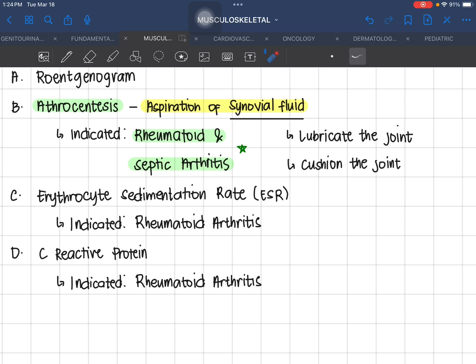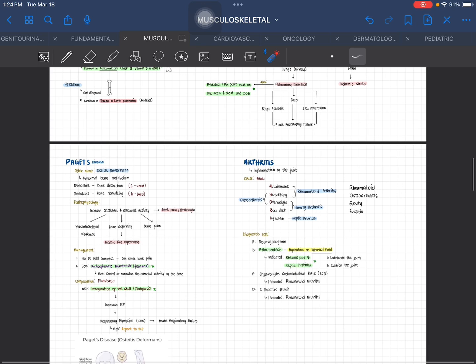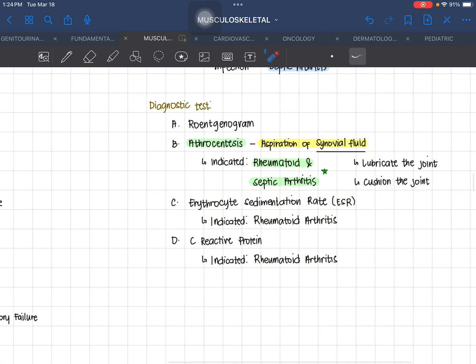Next is ESR o erythrocyte sedimentation rate. It is indicated for rheumatoid arthritis again. And lastly, C-reactive protein na indicated also for rheumatoid arthritis. Pero pinakatatandaan natin si arthrocentesis. Dito nag-aspirate ng synovial fluid.